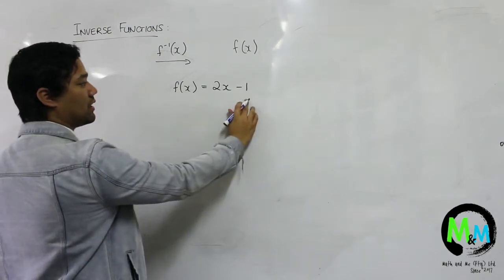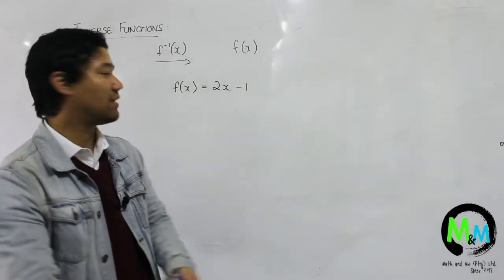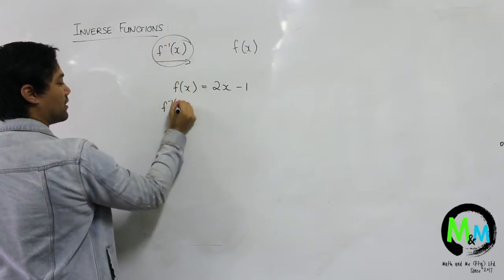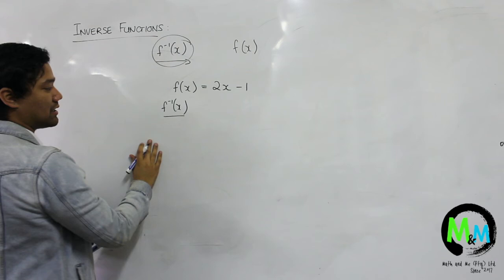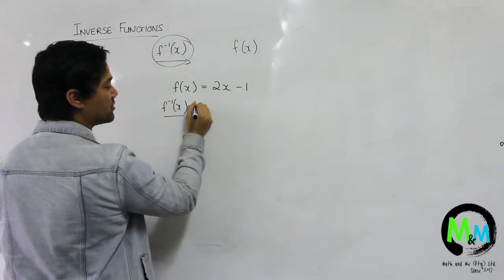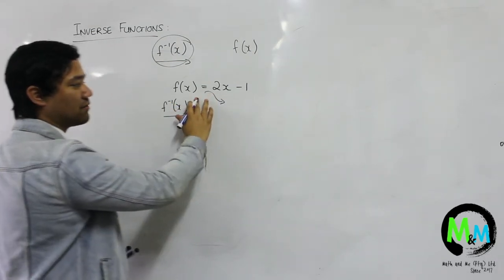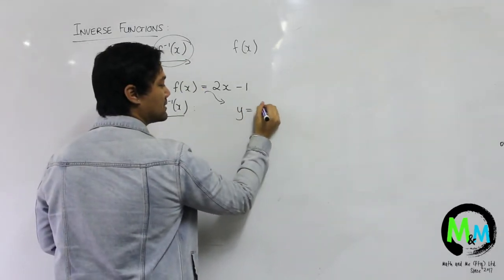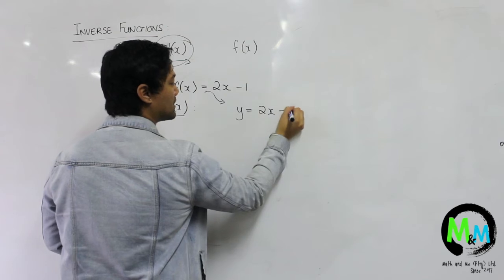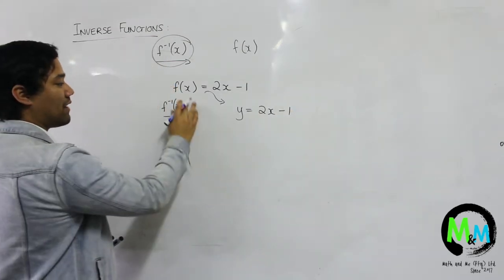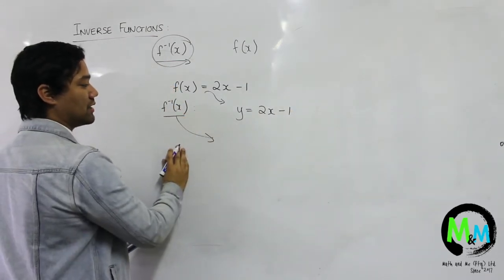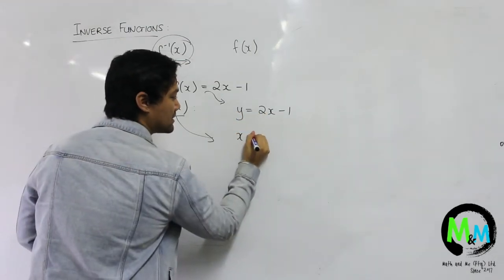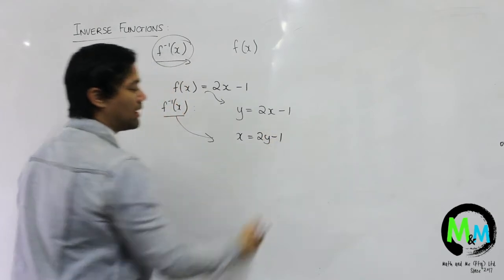We know this is y equals mx plus c, a straight line function. If they ask me to find the inverse, f to the negative 1 of x, this already tells me we're finding the inverse. First thing you're going to do is rewrite this in terms of y and x, because you don't want to be working with f of x. So y equals 2x minus 1. To find the inverse, we switch the positions of x and y. So now x is equal to 2y minus 1.